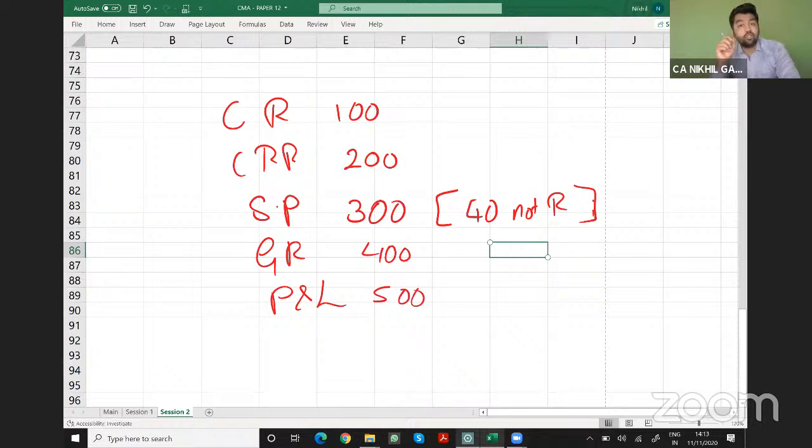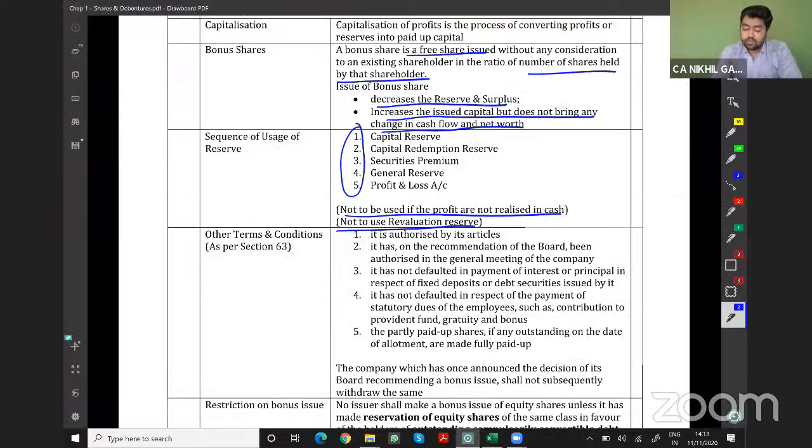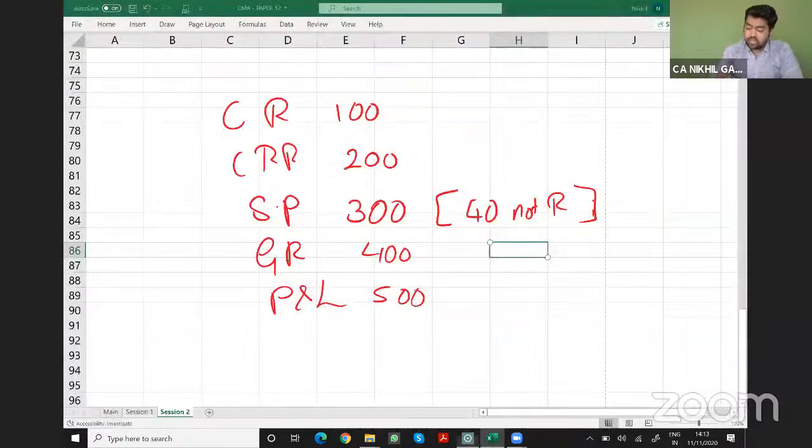So follow this sequence only. First will be capital reserve, then capital redemption reserve, then securities premium, then general reserve, last will be profit and loss account. And the wording is 40 is not realized in cash.